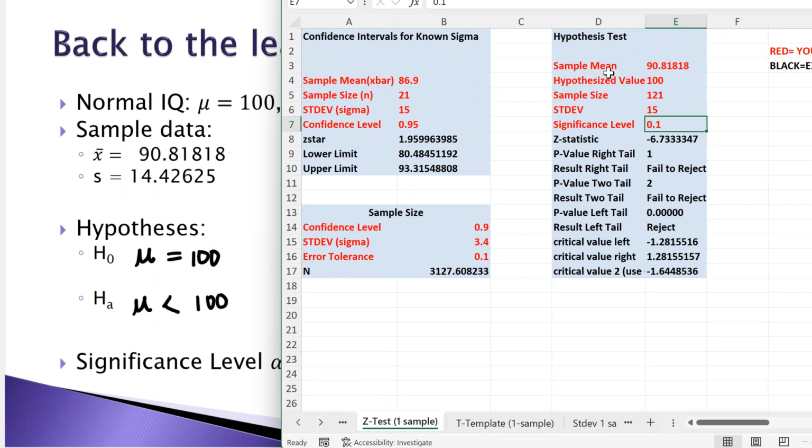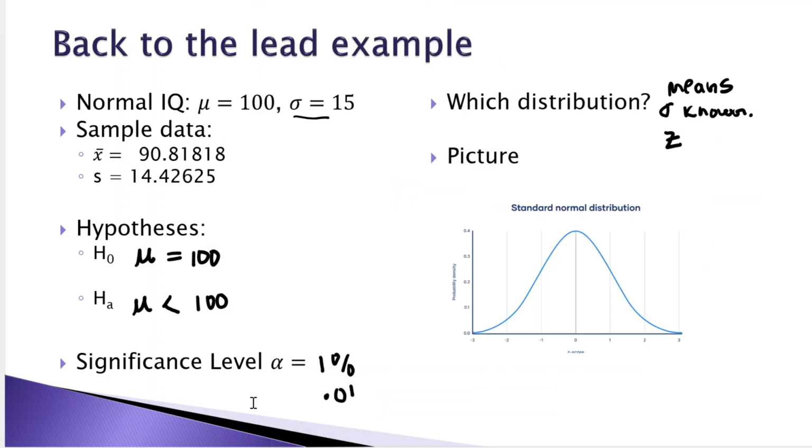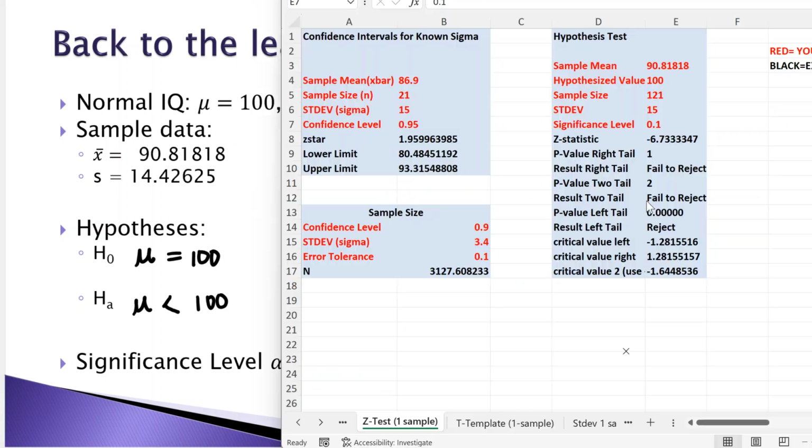Our significance level, we decided we were going to have it be 1%. So I'm going to enter in 0.01. And it's going to give me a lot of values.